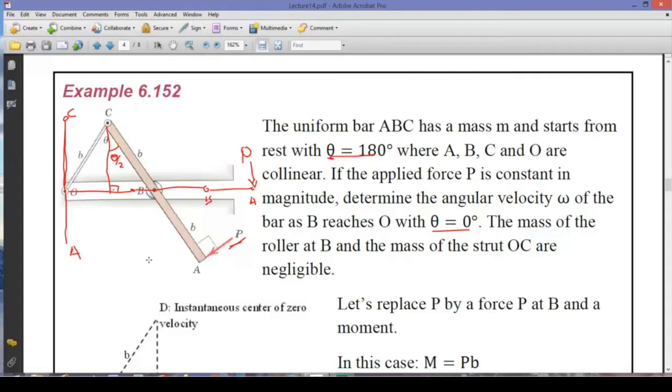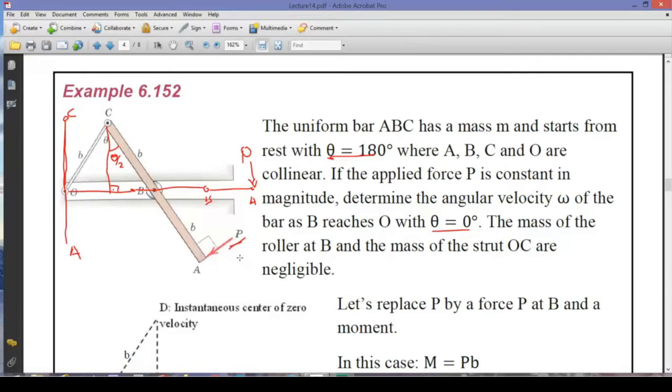That means we can neglect the potential energy part. There's no elastic material here, so we can neglect the potential energy due to elasticity. The only things changing here are the non-conservative force P and the kinetic energy. So we can write out an equation relating these two.